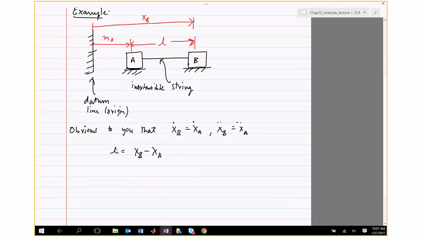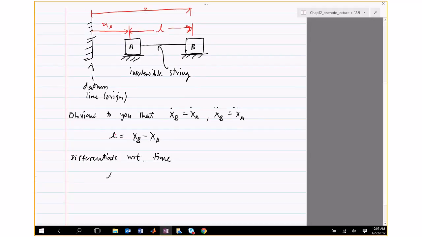Now, if I differentiate this with respect to time, then I would get L dot equals xb dot minus xa dot. Okay, so if the string is inextensible, then the length cannot change with time.